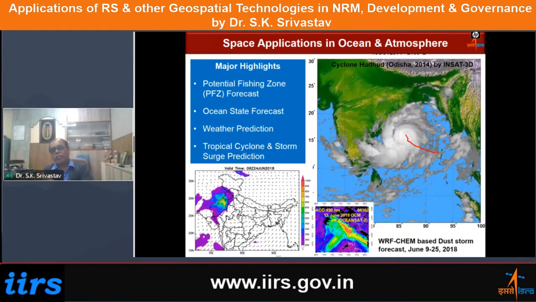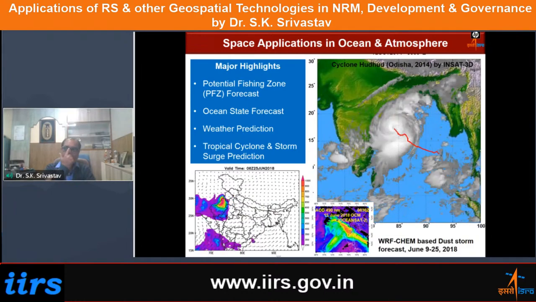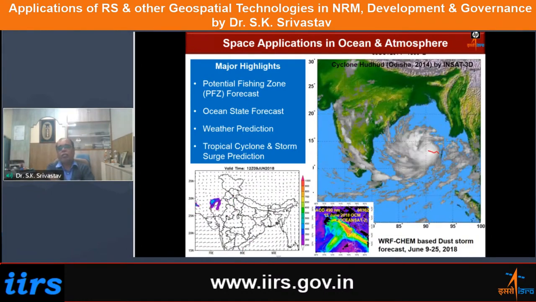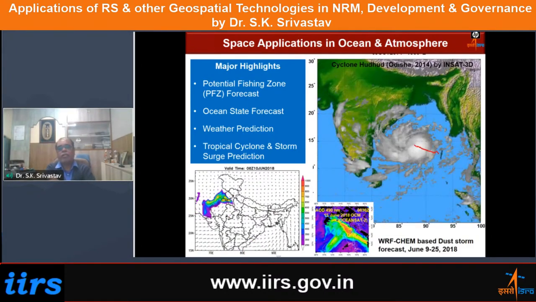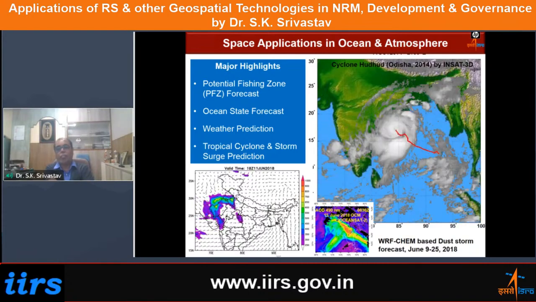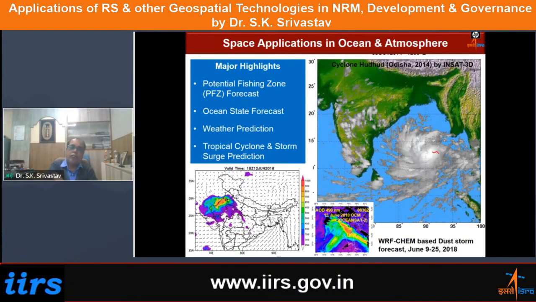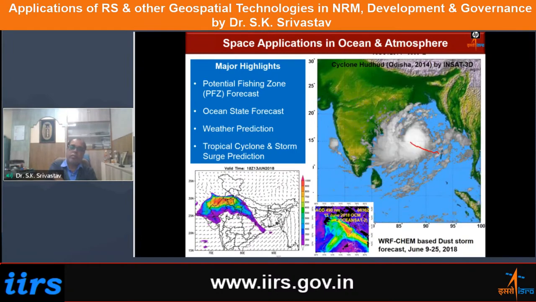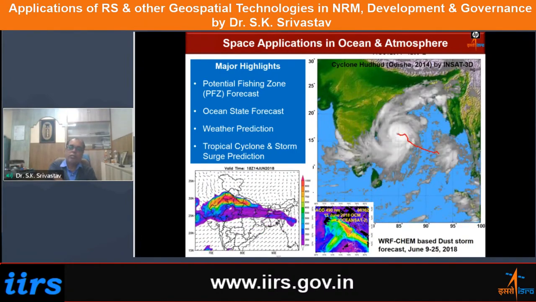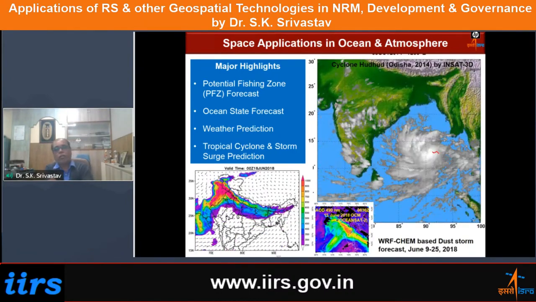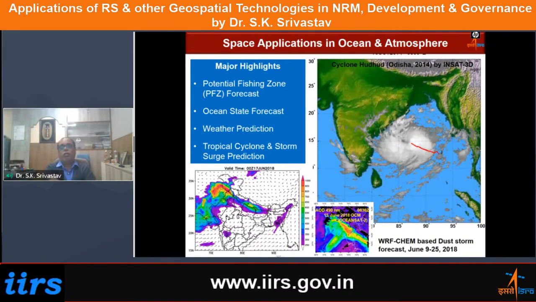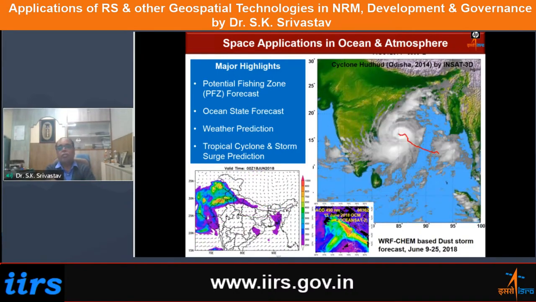Today, from our own Indian weather satellites, we have data sets available every 15 minutes. With that availability, and with advancement in processing and computing technologies and models, weather prediction has become much more accurate.